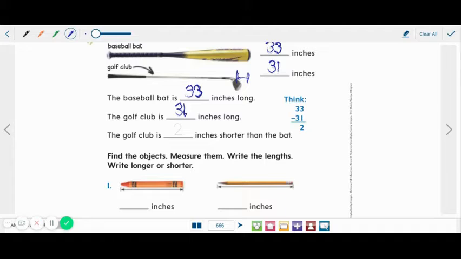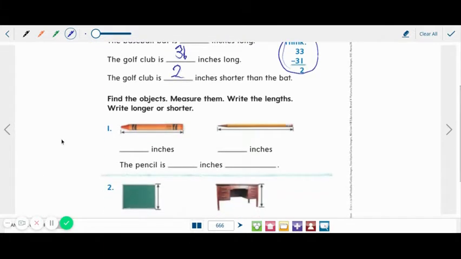If we do 33 minus 31, we get 2. So we take the length of the bat minus the length of the golf club. So 33 minus 31 gives us 2. So the golf club is 2 inches shorter than the bat.